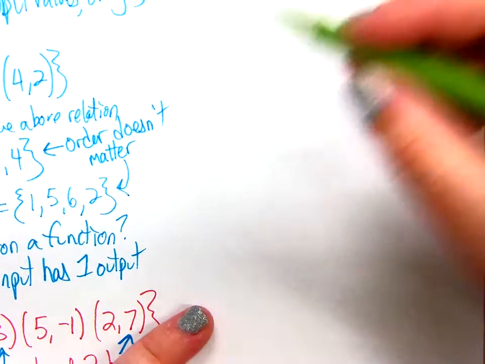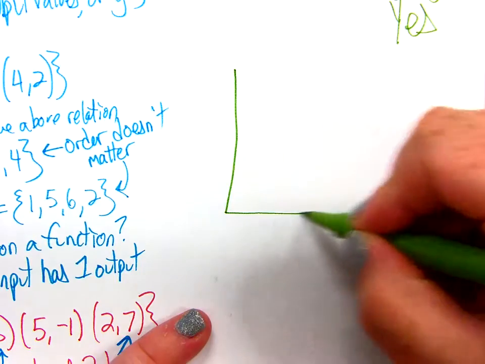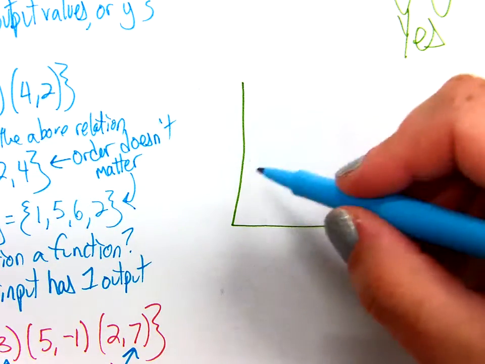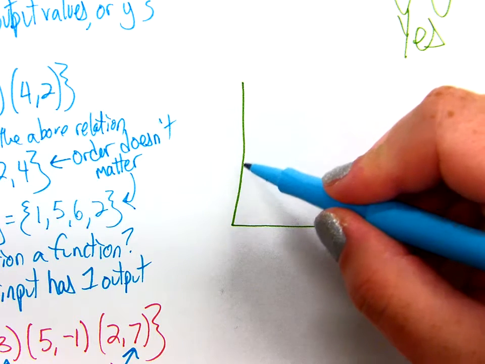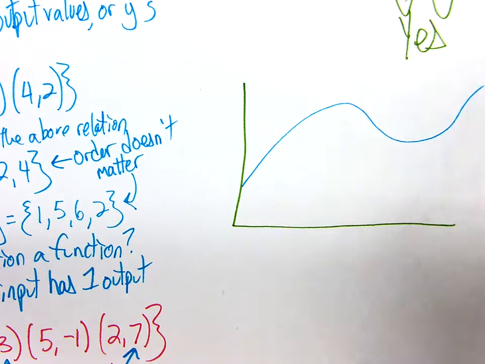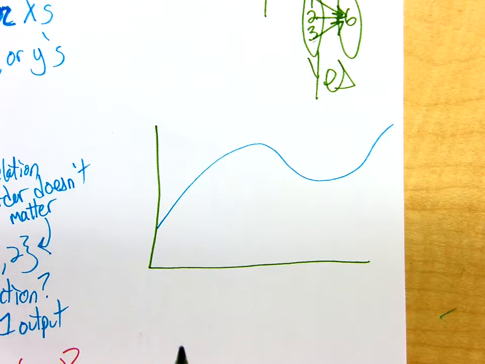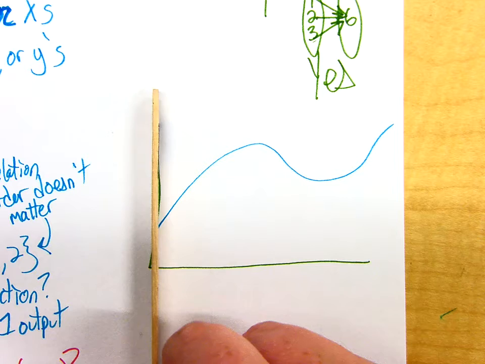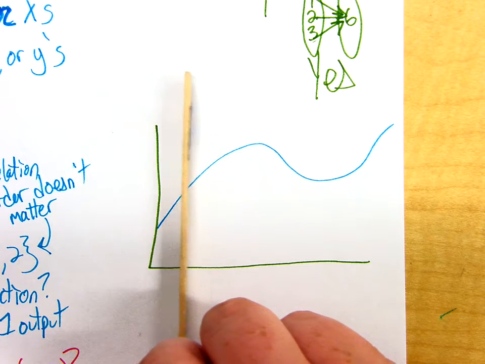So if I have a graph, I'm just going to make one up. So I had a graph that looks something like this. Okay, so this blue line is my graph. All you have to do is take a vertical line, it has to be a vertical line, and pass the vertical line along your graph.